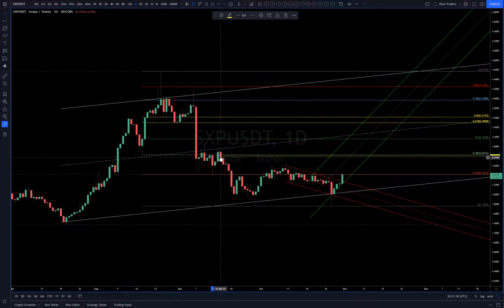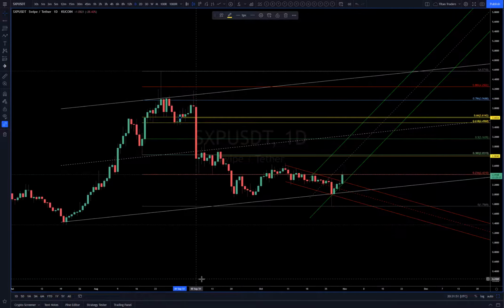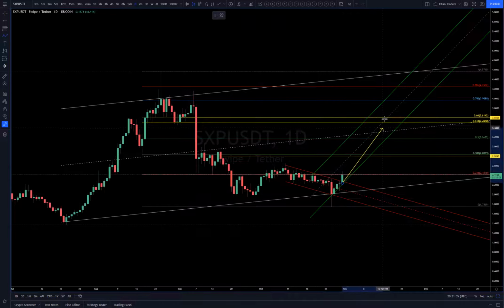So for example, here are we looking at a 3-year 2 level, or are we looking at a potential breaker block around the 618 area? So these are the two things I would look at. And if that is a breaker block, then obviously I would expect price to come up to here and reject, right?